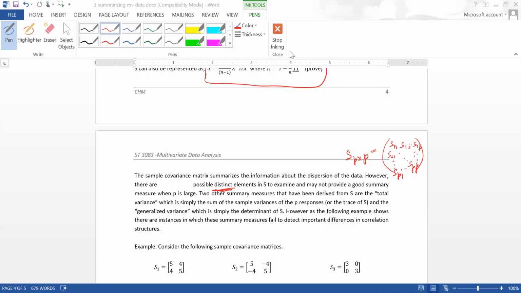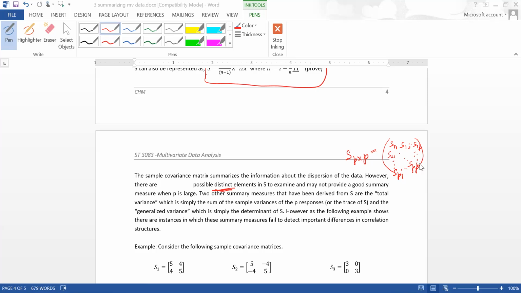So definitely, okay, I'll make it easier. I'm getting complicated answers. P square plus P over 2. How come P square plus P? No, that's also not it. Okay, I'll make it easier.